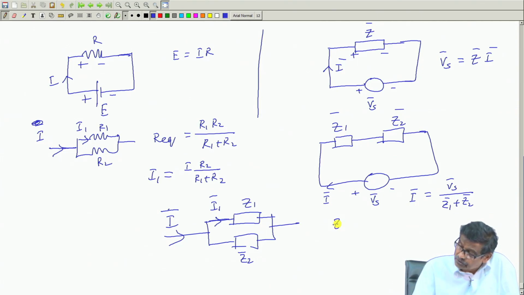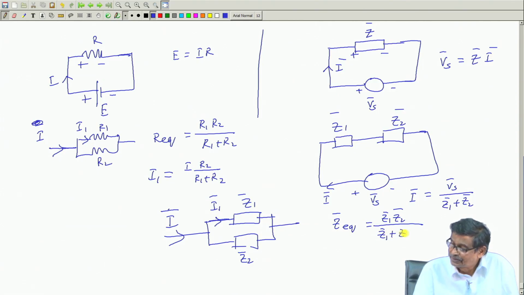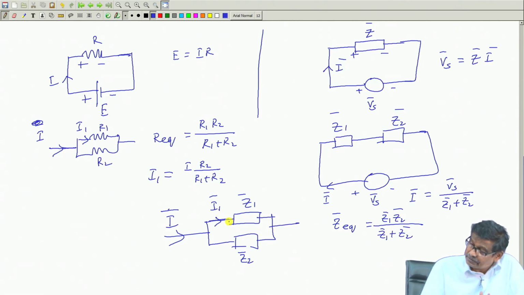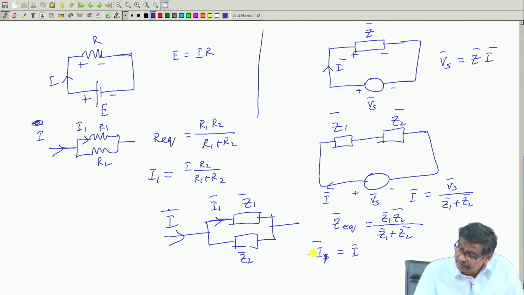Here also Z equivalent will be equal to Z1 bar Z2 bar, same relationships, divided by Z1 bar plus Z2 bar. Similarly, current in this branch I1 bar, all are phasors, will be equal to total current I bar into Z2 bar divided by Z1 bar plus Z2 bar.